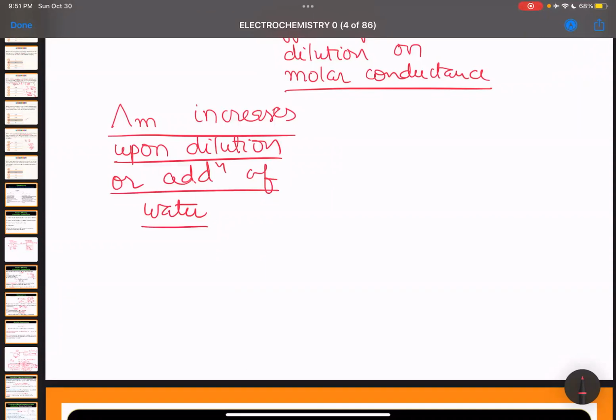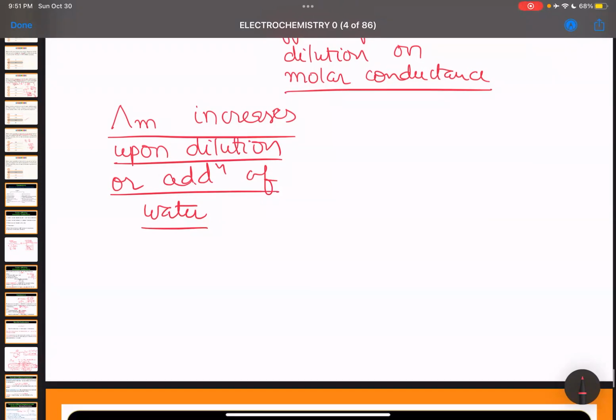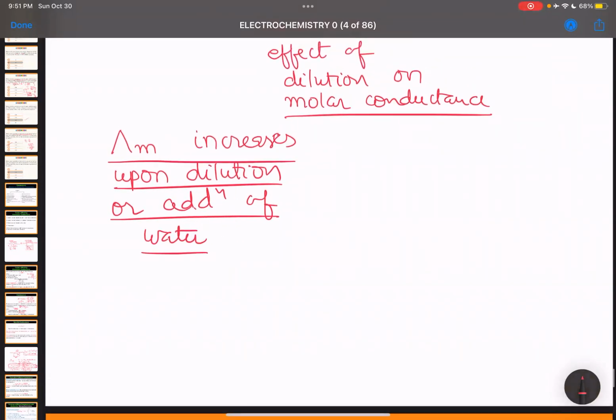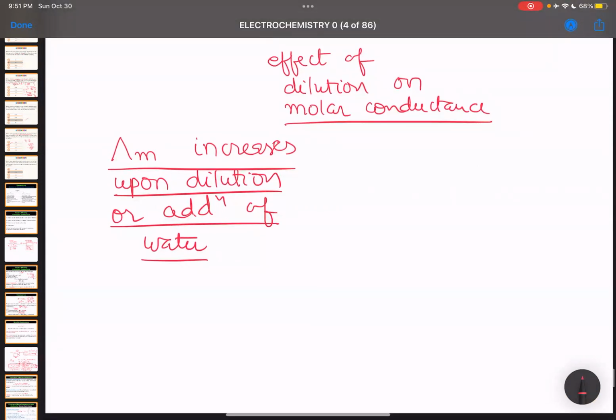Molar conductance or equivalent conductance is the conductance of 1 mole or 1 equivalent. Now how is the molar conductance going to change if you add more and more water, if you dilute it, though it is 1 mole?